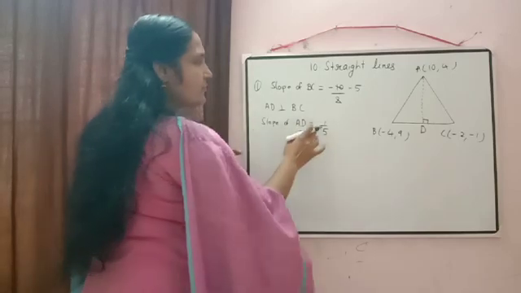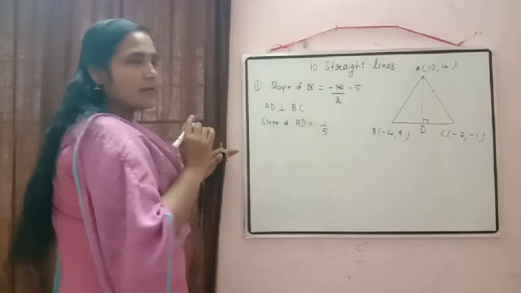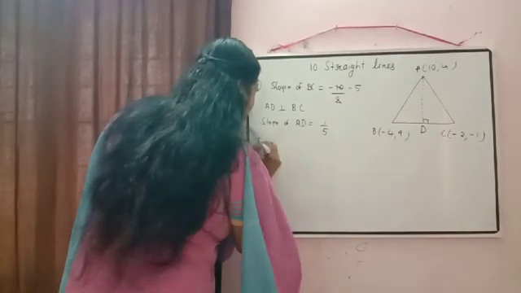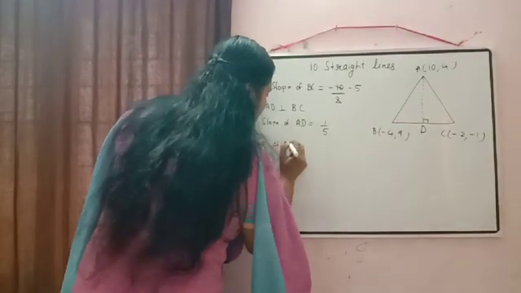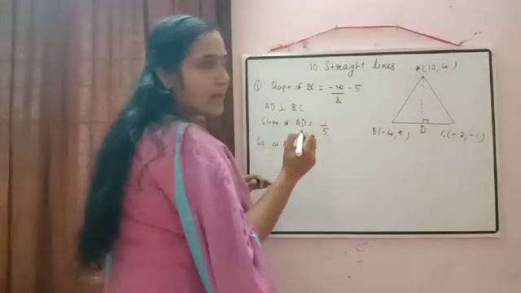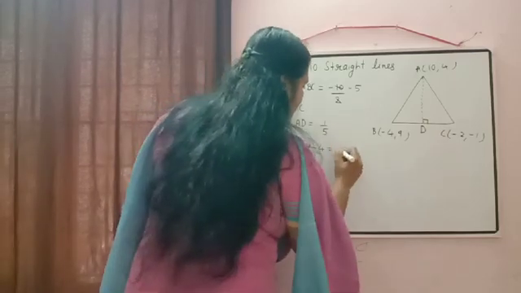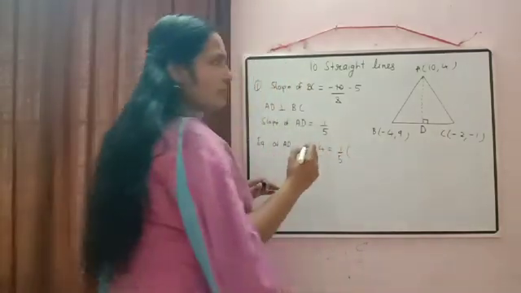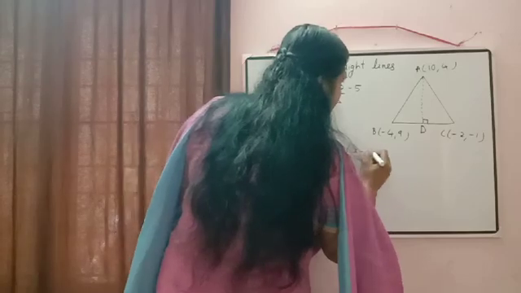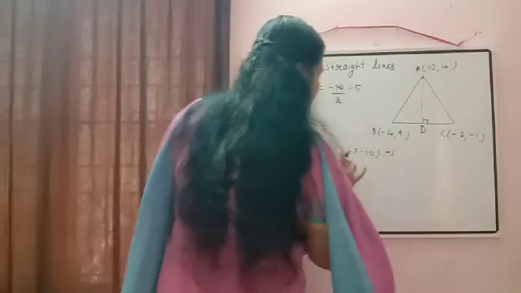Now we have the slope of AD, and AD passes through the point (10, 4), so we can calculate the equation of AD. The equation of AD will be y minus y1, what is y1 here? 4, is equal to m, the slope, that is 1 by 5, into x minus x1, so x minus 10. Again, don't calculate here.